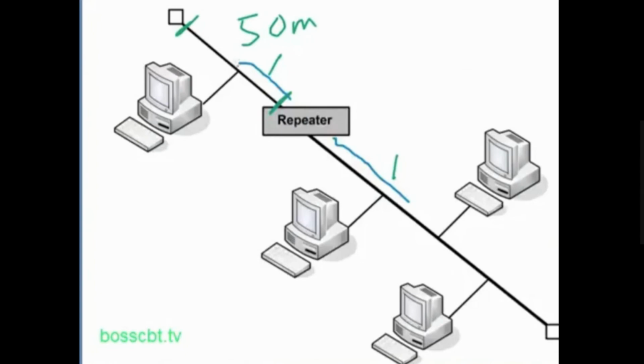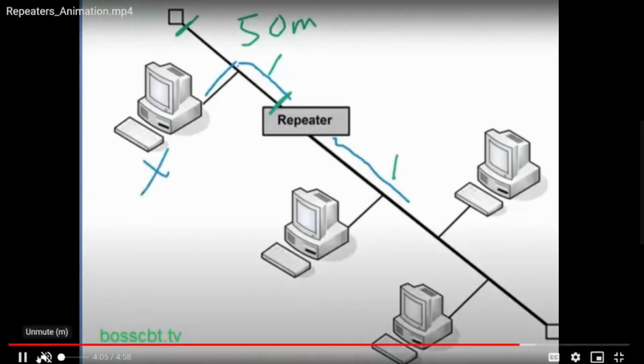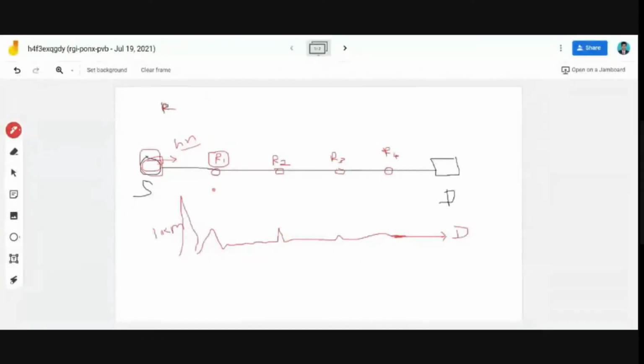So this is an example. In this same example, if you are using amplifiers, what will happen? See the next one. This is an example for the corresponding source and destination.